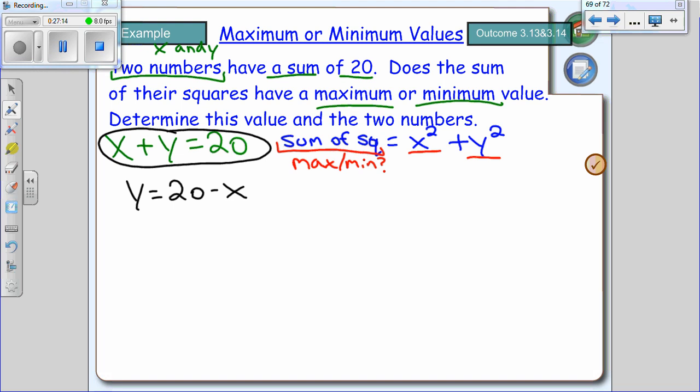So now I have this. I substitute y out to be 20 minus x. I use the other equation to get rid of one of my variables in the other one. Now you need to graph this and find out if it is a max or a min.